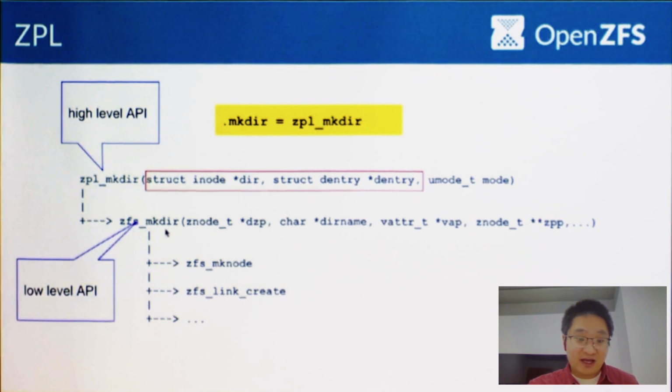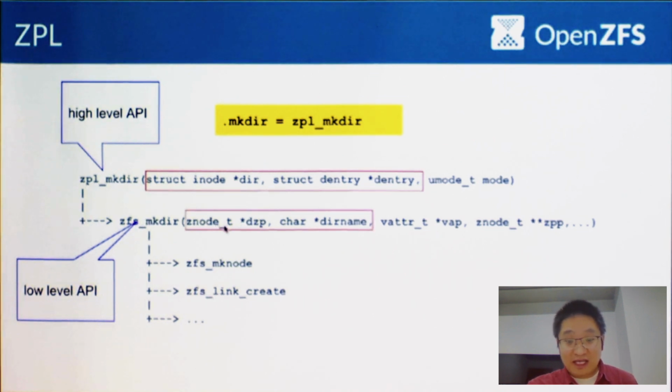And zfs_mkdir is the low-level API, and it uses things like znode or vattr as parameters.